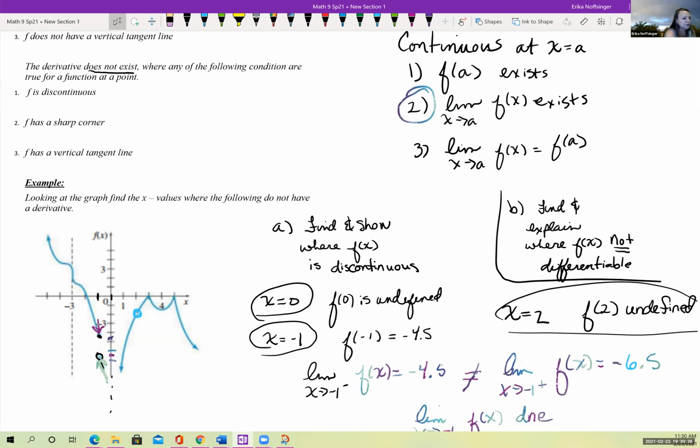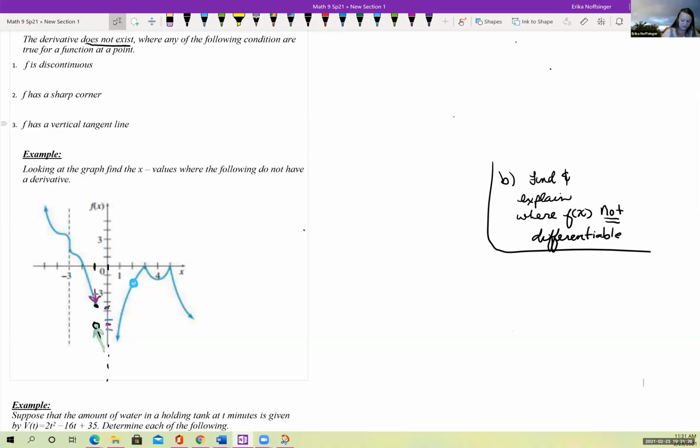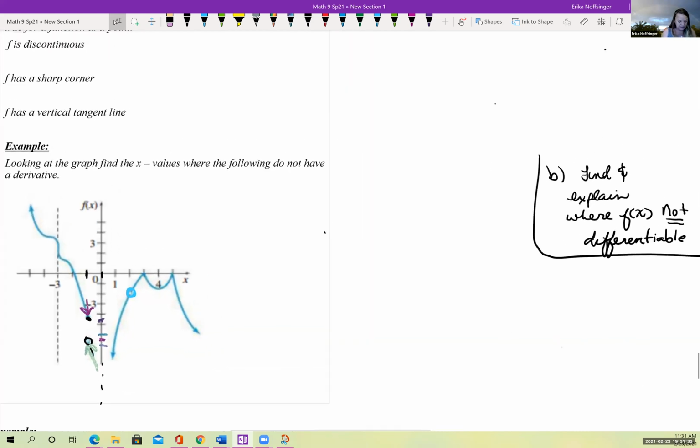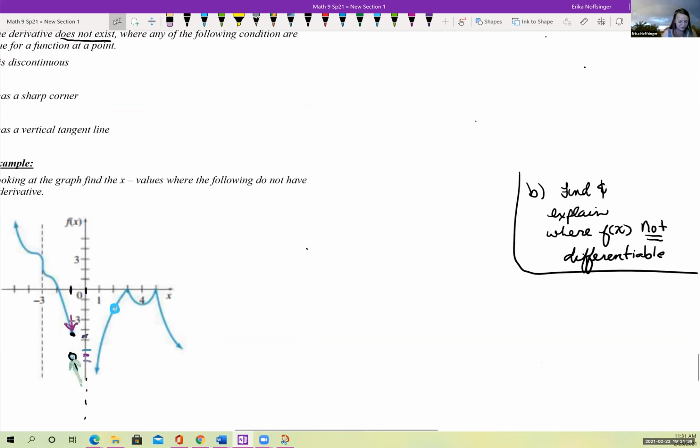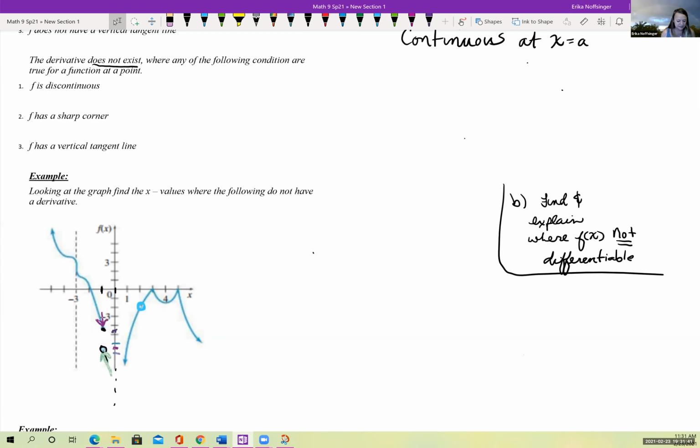Let me clear my screen and then we'll talk about where it's not differentiable. Okay, so now we're looking at where in this graph the function is not differentiable. It's not differentiable when the function is discontinuous. So we could list all those values that we had just said where it was not continuous: x equals 0, x equals negative 1, and x equals 2.